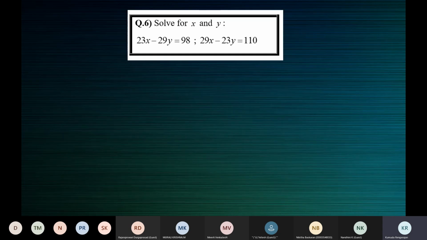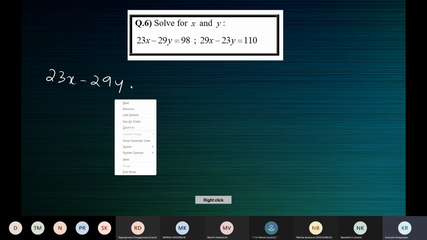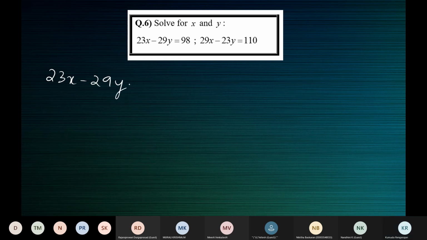So let's understand how to solve this pair of linear equations. We have 23x minus 29y is equal to 98, and the other equation is 29x minus 23y is equal to 110.